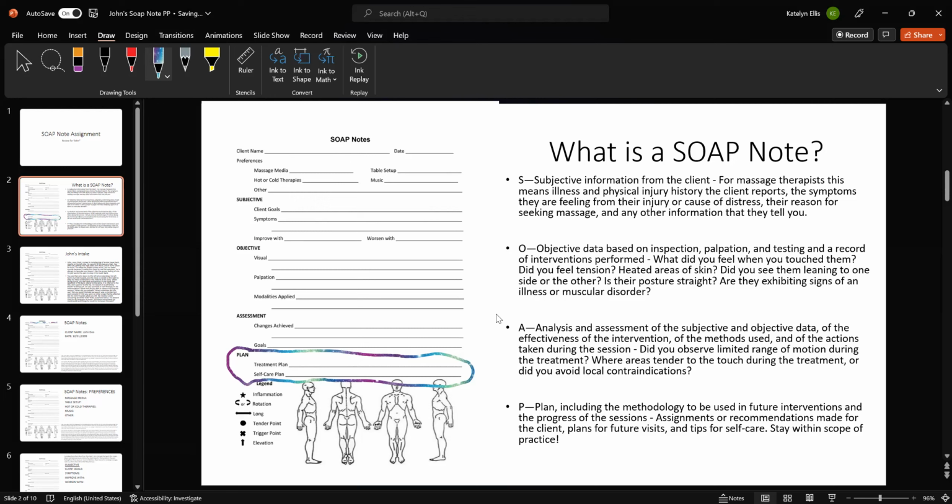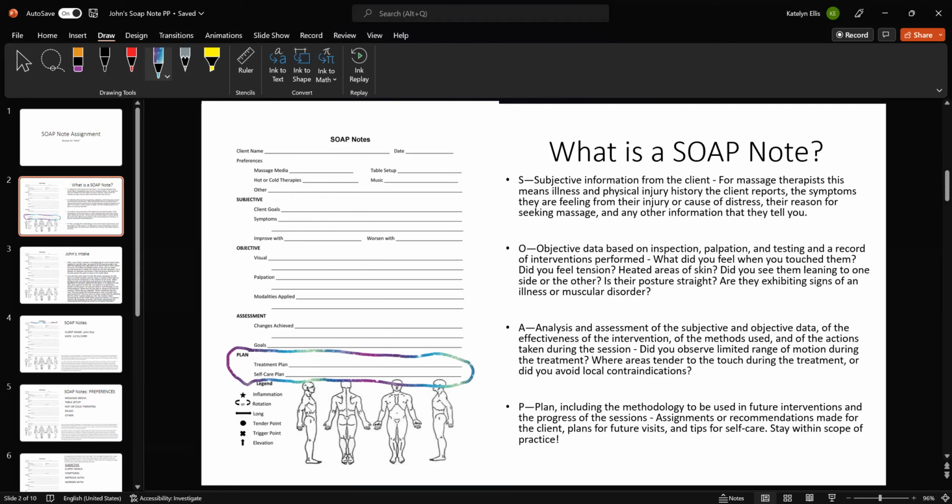I plan to continue to use stretching on this particular joint for a portion of the plan. I plan to work on depressing the right shoulder. I plan on decreasing the tension in the right trapezius or in the right lower back in the QL, the quadratus lumborum muscles. All right, this is where you put your plan and where you put a self-care plan.